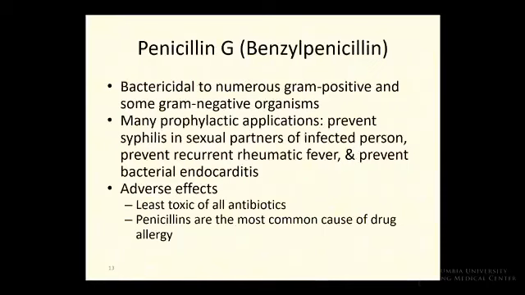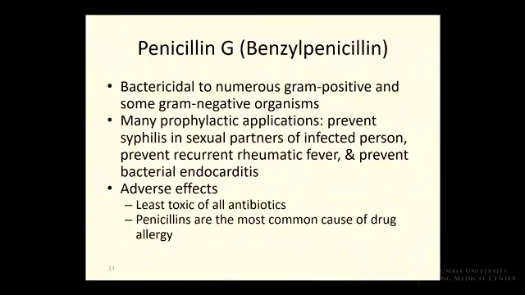Okay. So let's talk a little bit more about penicillin G, our good old friend. It's bactericidal to numerous gram-positive and some gram-negative organisms. There's lots of prophylactic applications. It can prevent syphilis in an uninfected partner whose other partner is infected.